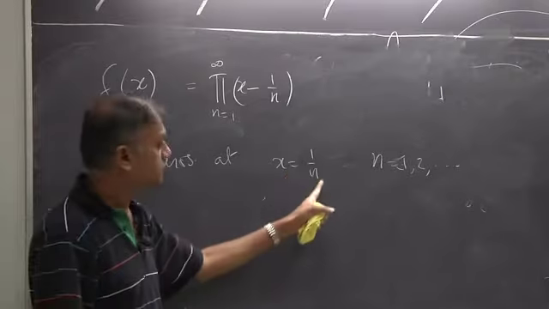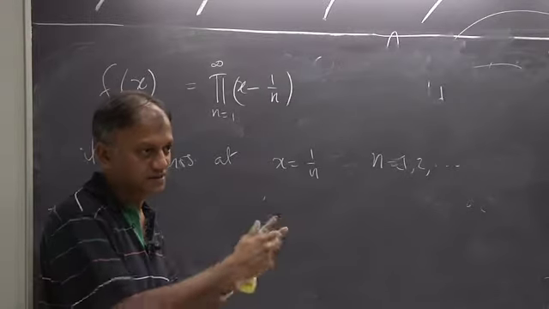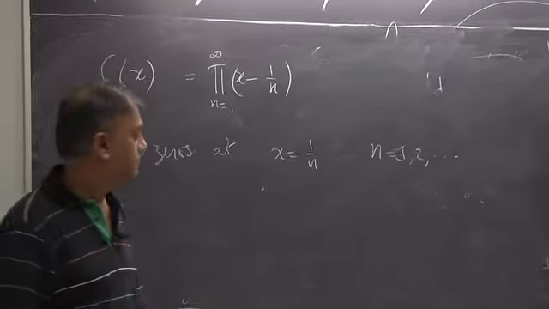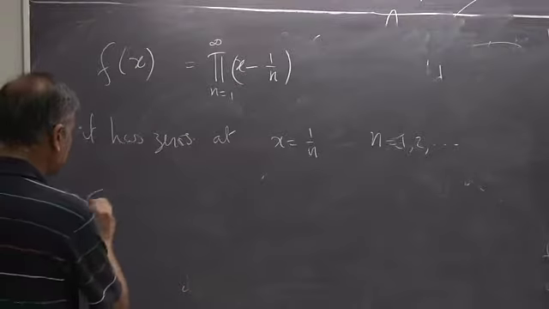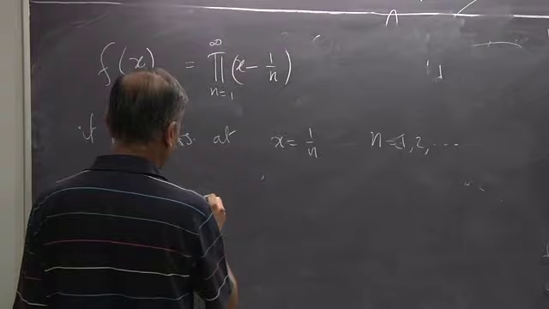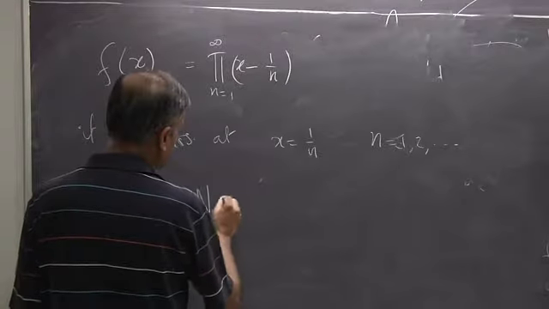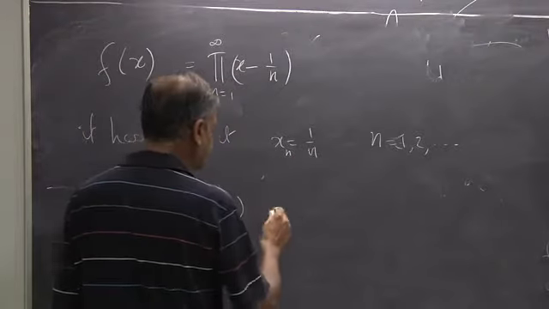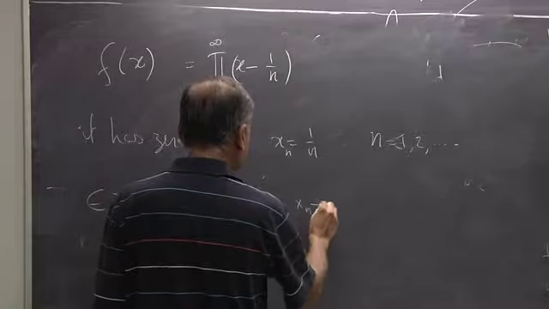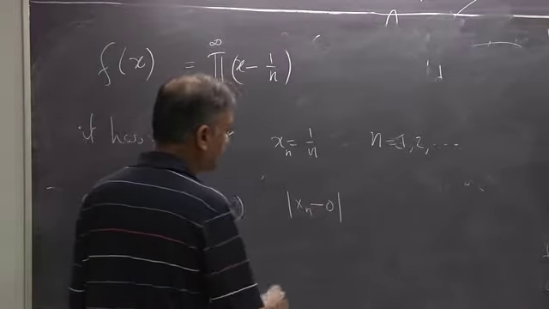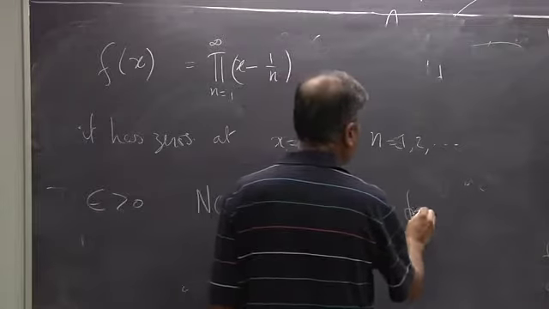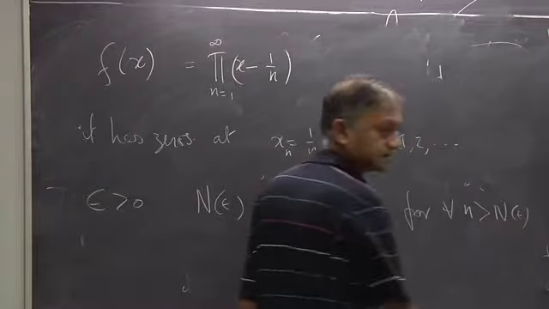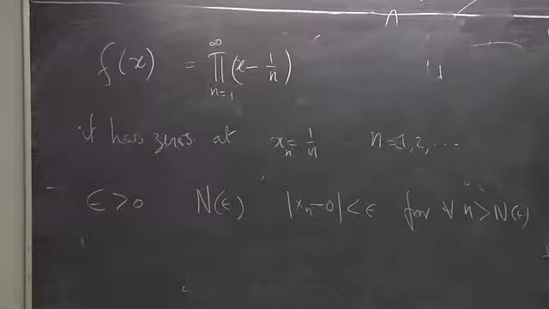So, these points of course have a limit point. If you consider the sequence of these points 1 over n, it has a limit and that is 0, right. Limit in the same sense that given any epsilon greater than 0, I can find some capital N, which depends of course on epsilon, such that x_n, this nth zero, minus the limit point 0, is less than epsilon for all n greater than capital N. Which is indeed the case.